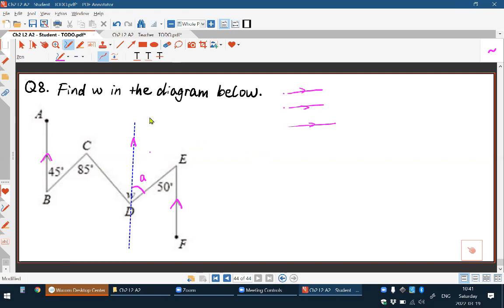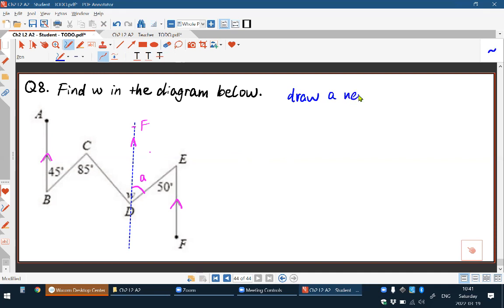That means, okay, let's make points here: A, B, C, D, E, F. So how do we write this? We can write it like this.